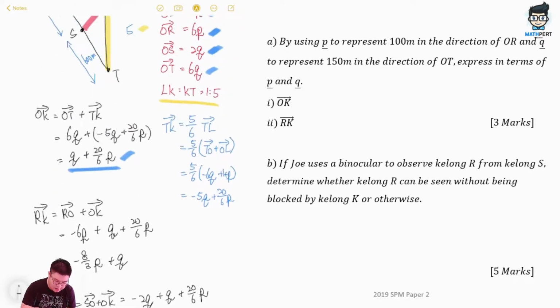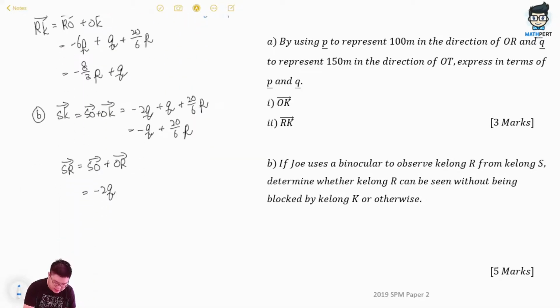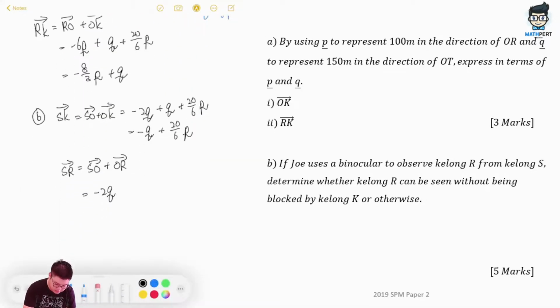How about OR? OR, we got it from here. This one. So 6P. Right? So my SK is minus Q plus 20 over 6P. And my SR is minus 2Q plus 6P.